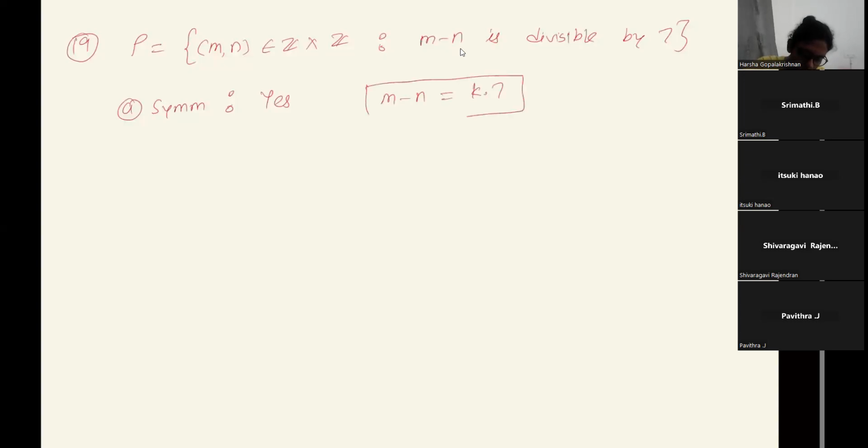So for any m in Z, (m, m) should belong to Z cross Z. That means m minus m should be equal to some k into 7. What is m minus m? It is 0, which can be written as 0 into 7.